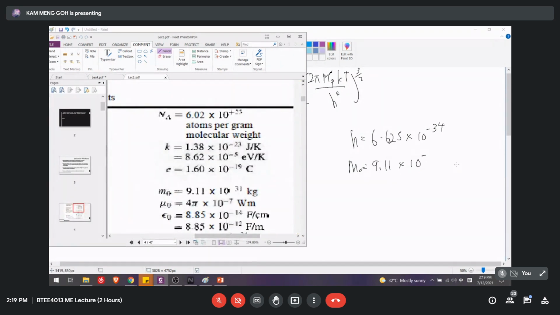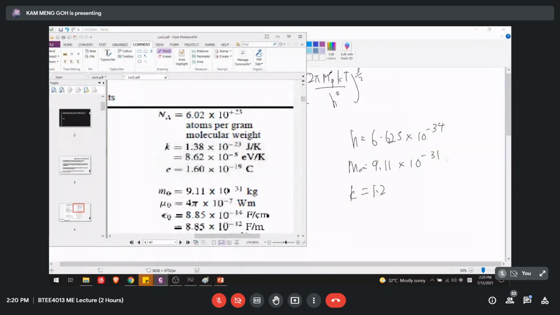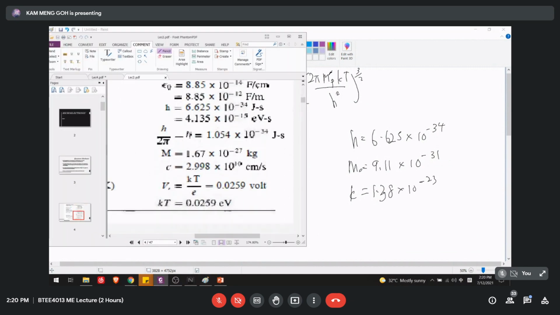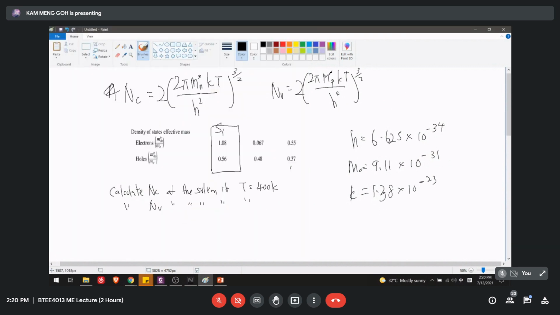Okay, negative 31. k is equals to 1.38 times 10 to the power of negative 23. Okay, let me confirm the Boltzmann constant. Boltzmann constant is negative 34. Yeah. Okay, let's try to correct these two values, NC and NV, if T equals to 400K.